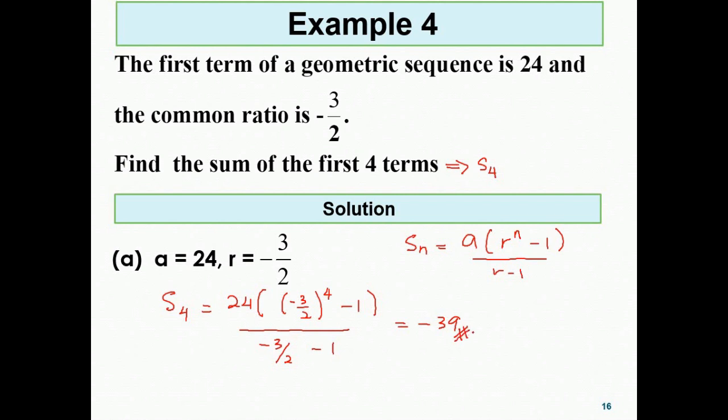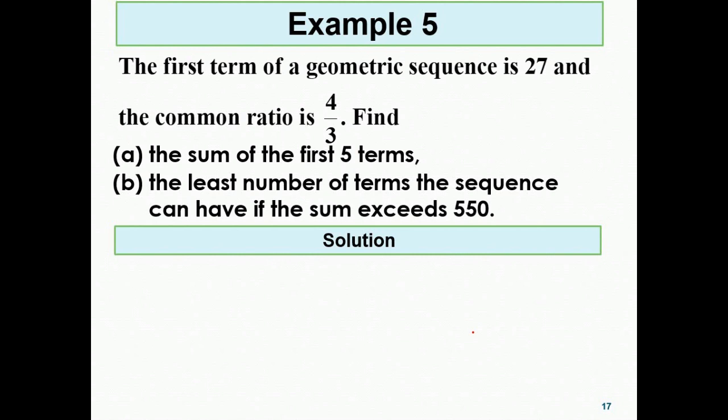Okay, now proceed to example 5. Given here, the first term of a geometric sequence is 27 and the common ratio is 4 over 3. So find the sum of the first 5 terms. So this is S5.